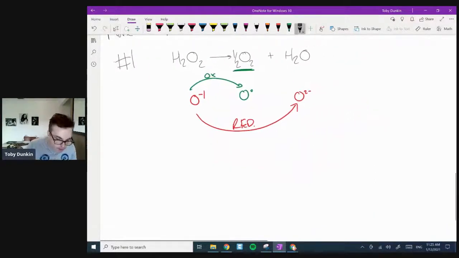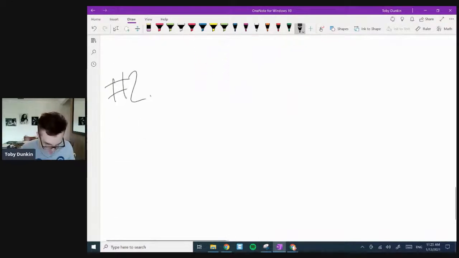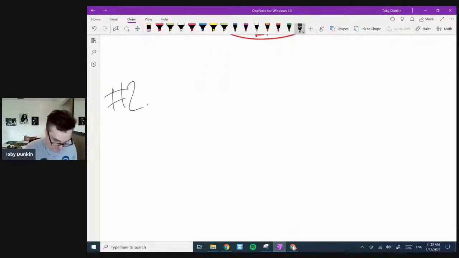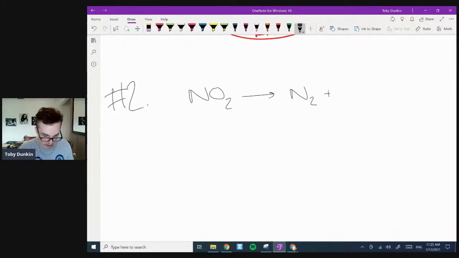Next, number 2. Let's go for the next one. We've already done the chlorine example. And then let's do NO2 going to form N2 and NO3 minus.